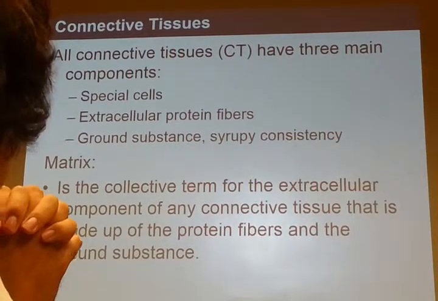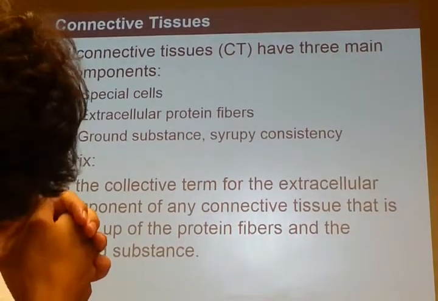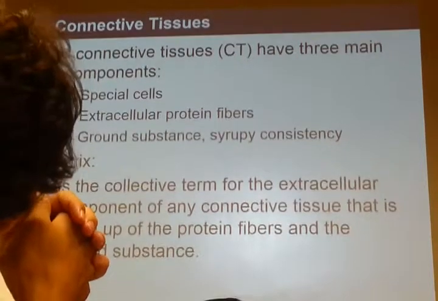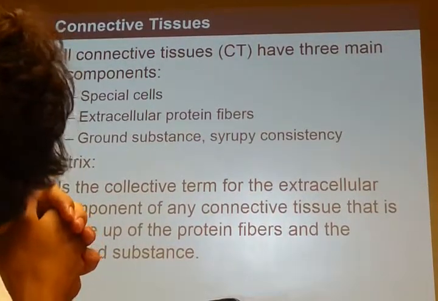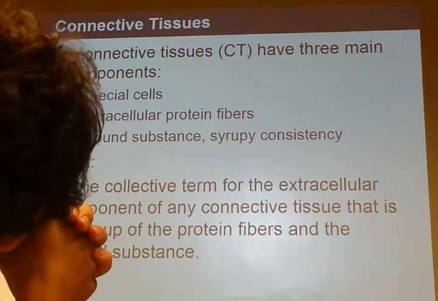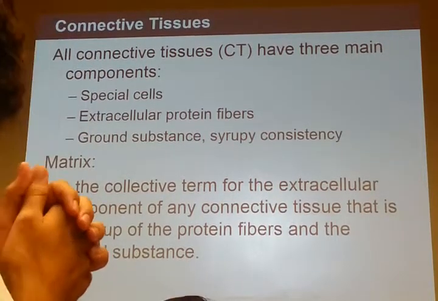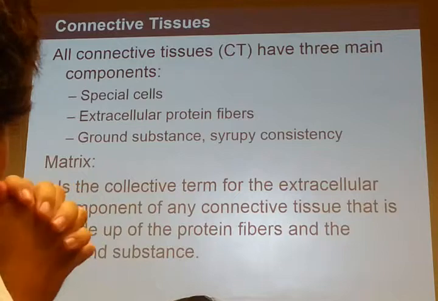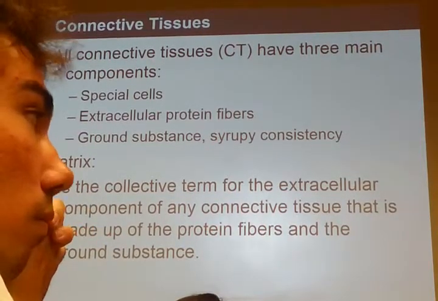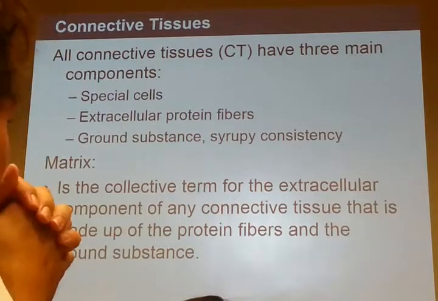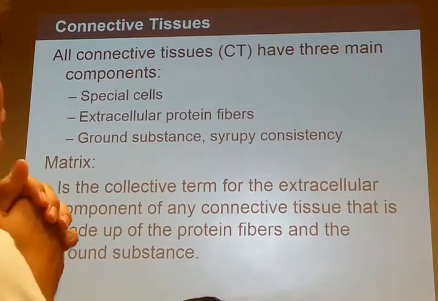Any connective tissue that's made up of proteins and ground substance will make up your matrix. Matrix could be mineralized, or it could be this syrupy, watery consistency as well. So in bone and cartilage, you have less of the syrup and more of a stiff component.